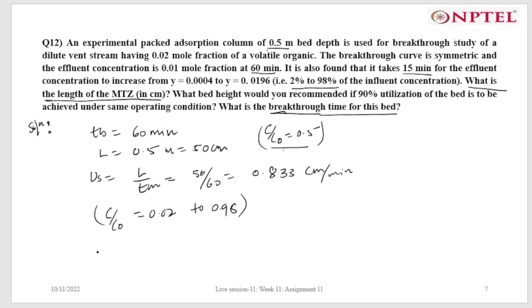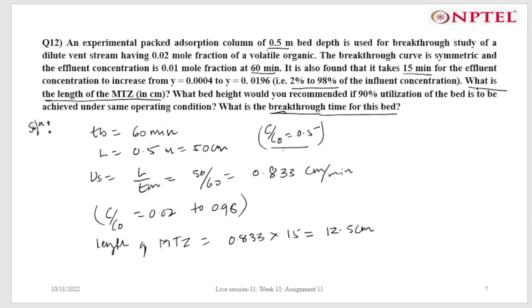So length of MTZ is velocity into this time, Ts. All of you got this one clear? Yes, sir.